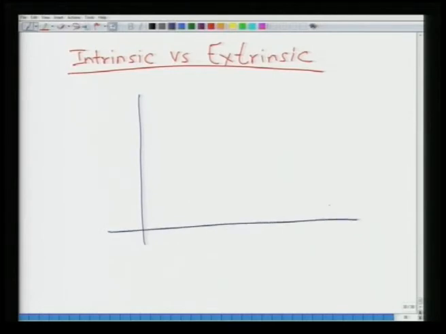When you plot log sigma versus 1 by T, if I plot both of them separately, this will be your intrinsic part and this will be your extrinsic part, and overall behavior would be like this.